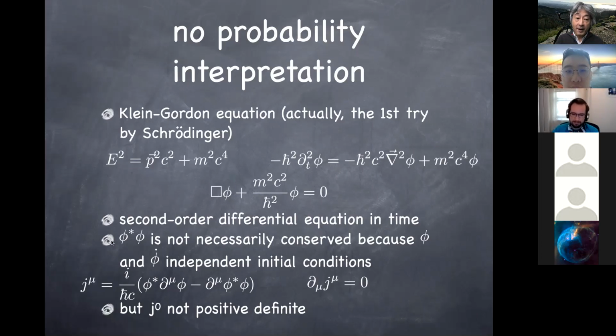Phi star phi for the Klein-Gordon equation was not conserved, even though it was positive definite. The time component of this Lorentz vector was conserved, that's the number operator, but it was not positive definite because it's the number of particles minus the number of antiparticles. So we couldn't satisfy the requirements at the same time, and hence we couldn't satisfy the probability interpretation of the wave equation, and that's why we had to go to field theory.